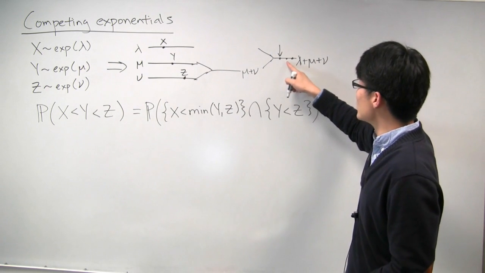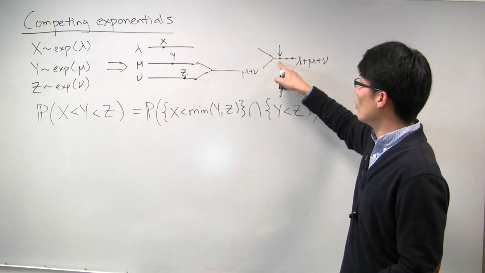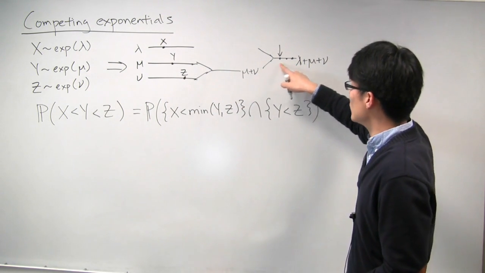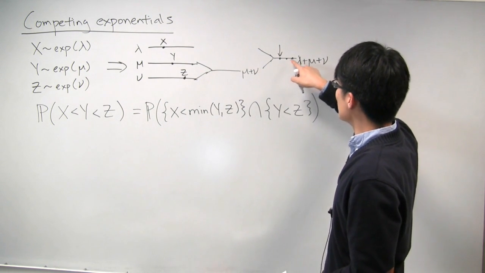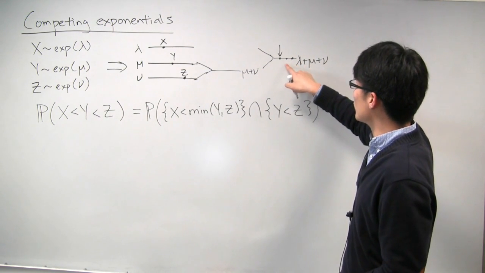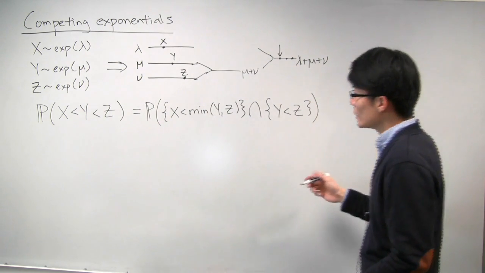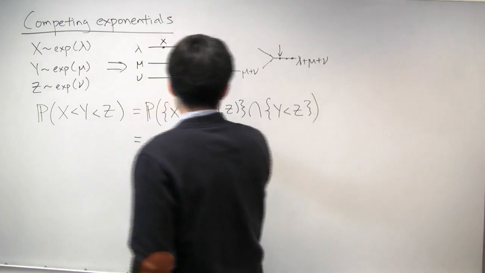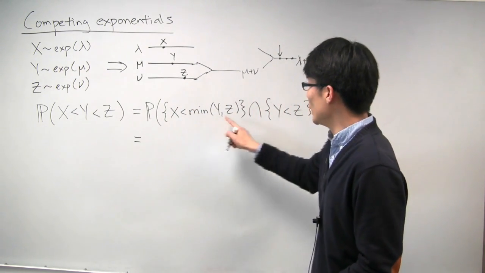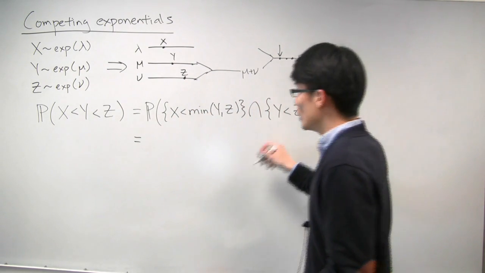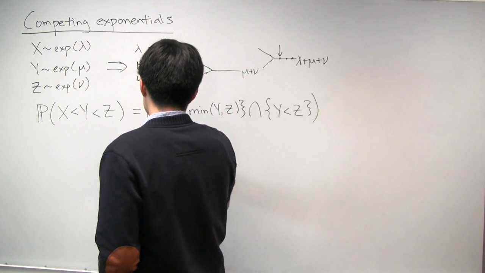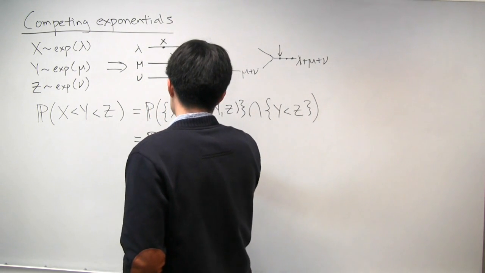What happens after that is independent of what happened when X arrived. So these two events are independent, and the probability of the intersection of two independent events is the product of those two probabilities.